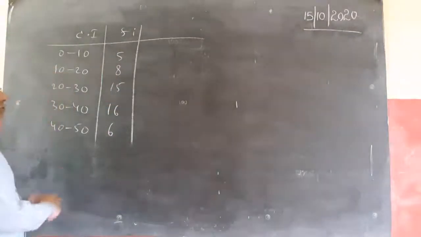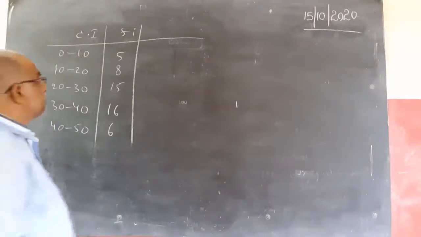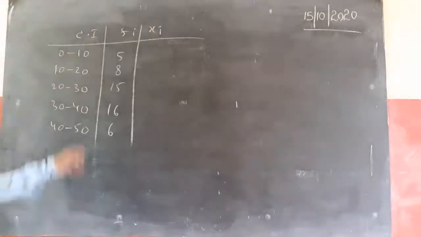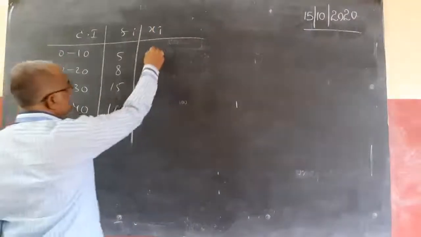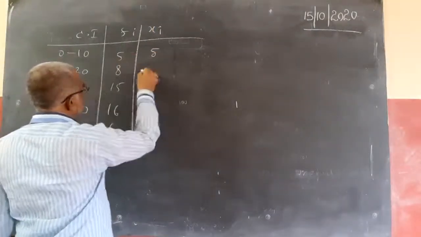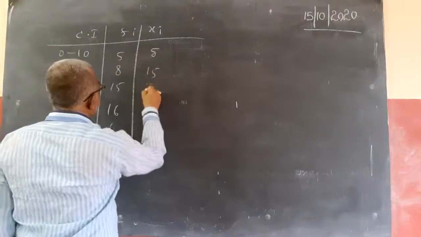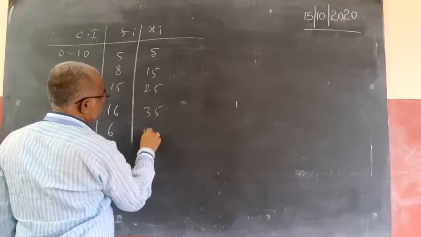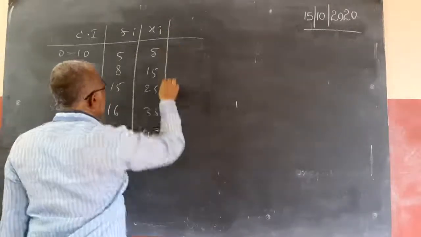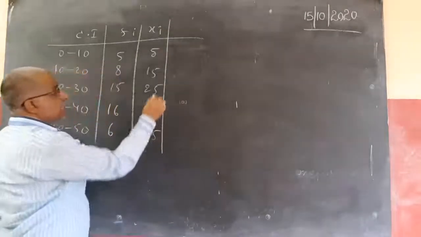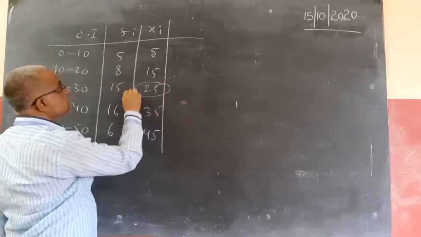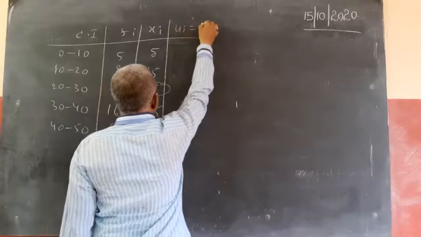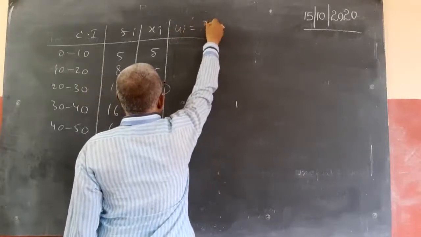So first we need to find, as usual, xi, which means mid value. 0 plus 10 by 2 is 5, 10 plus 20 by 2 is 15, then 25, 35, 45 is xi. After finding xi, take the middle one as a, as I told. And ui is equal to xi minus a by h.